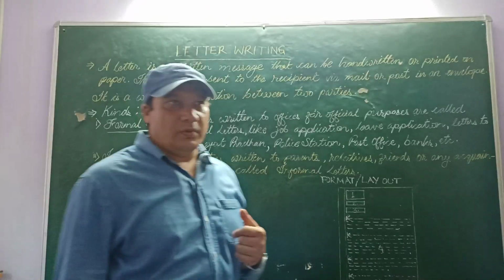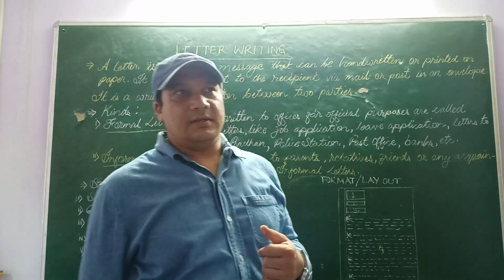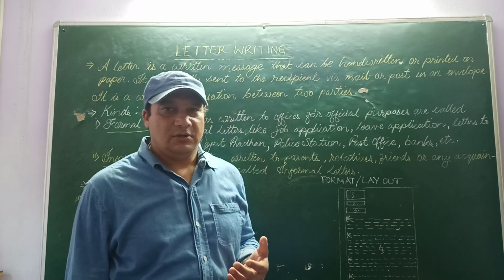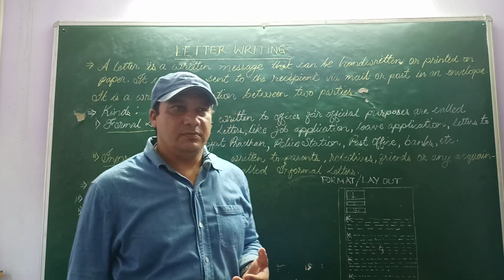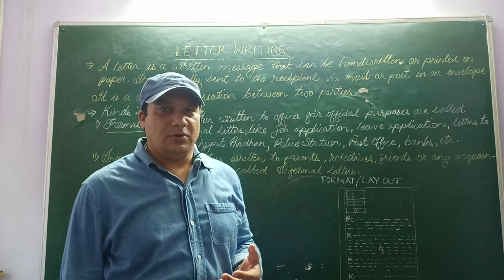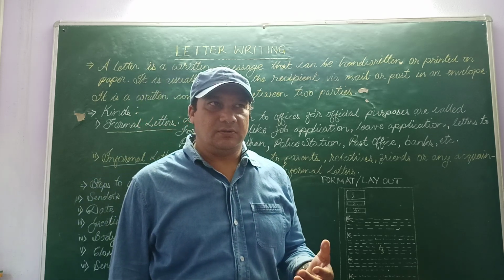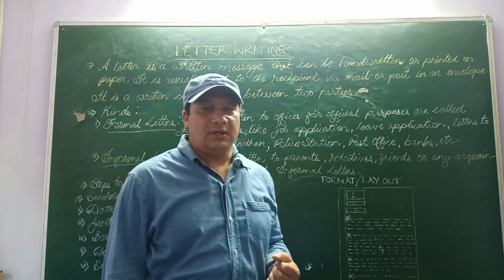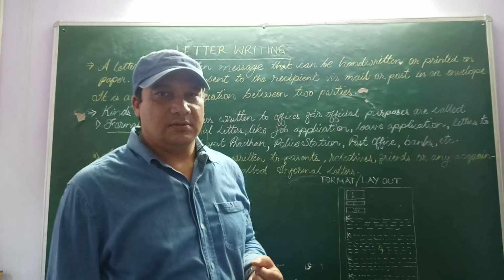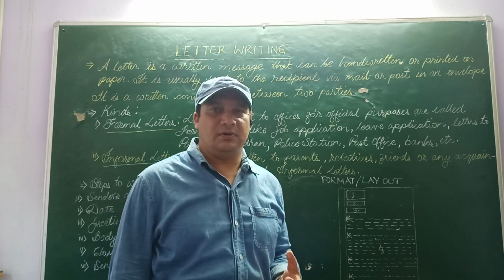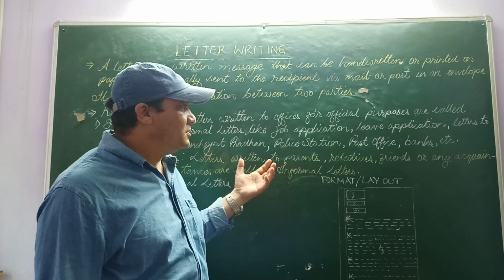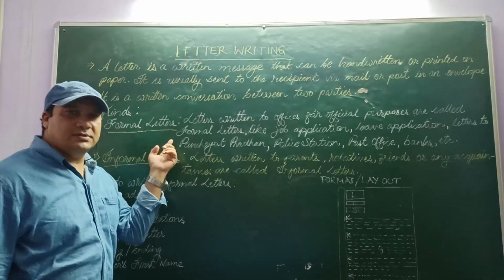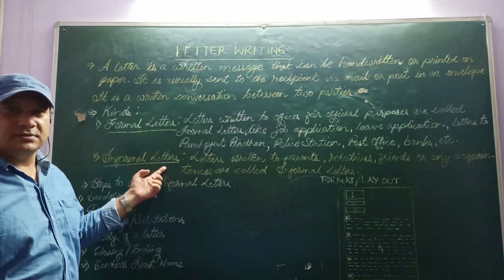When we ask how many kinds of letters there are, people normally respond that there are two kinds. But I say there are various kinds of letters, but in English grammar we practice two kinds: formal letters and informal letters.